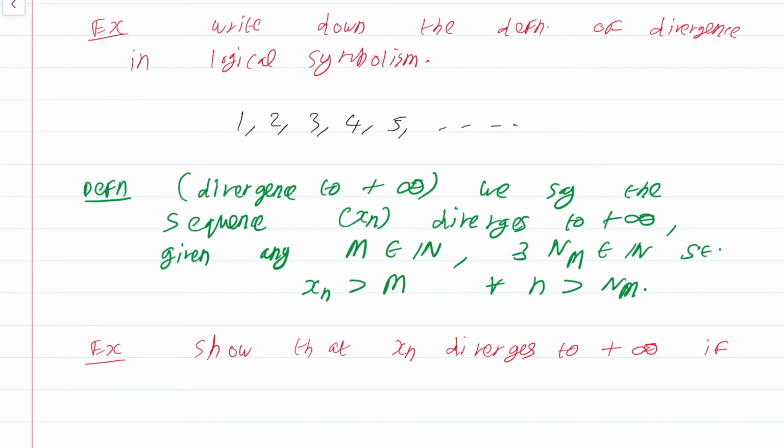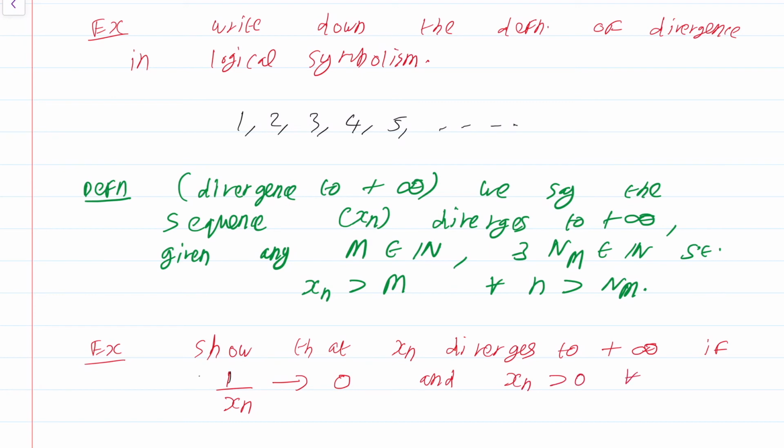Actually not a problem. If 1 by xn converges to 0 and xn greater than 0 for all n.